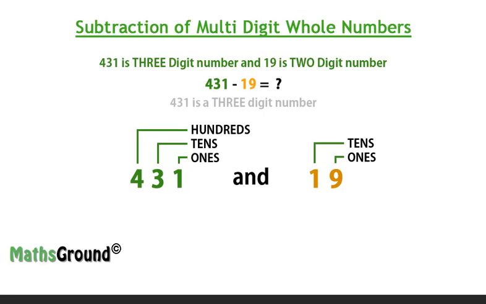(431 minus 19). 431 is 3-digit number. 19 is 2-digit number. (431 is greater than 19).